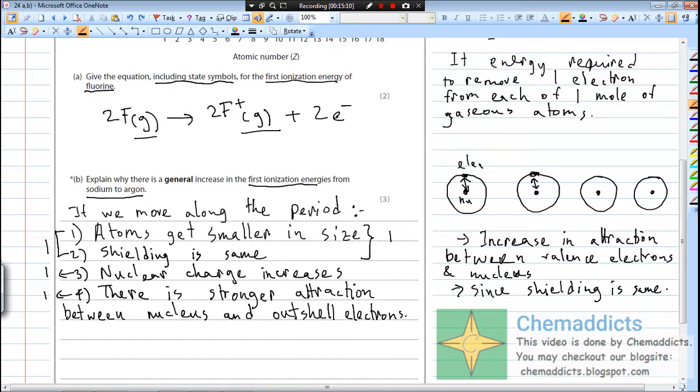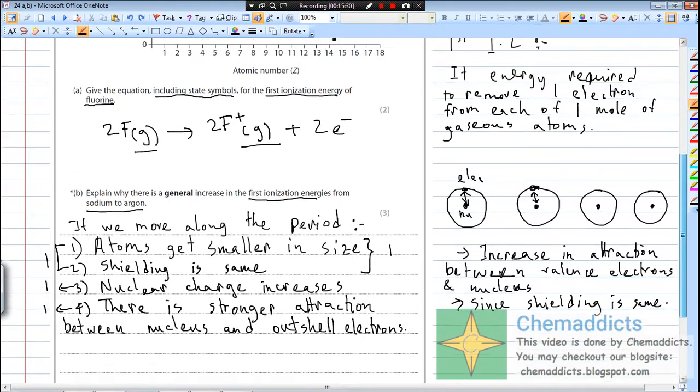Okay, so that is how we're going to do it. If we move along the period, we can see that atoms get smaller in size, shielding remains the same, nuclear charge increases, and there is strong attraction between the nucleus and outer shell electrons.